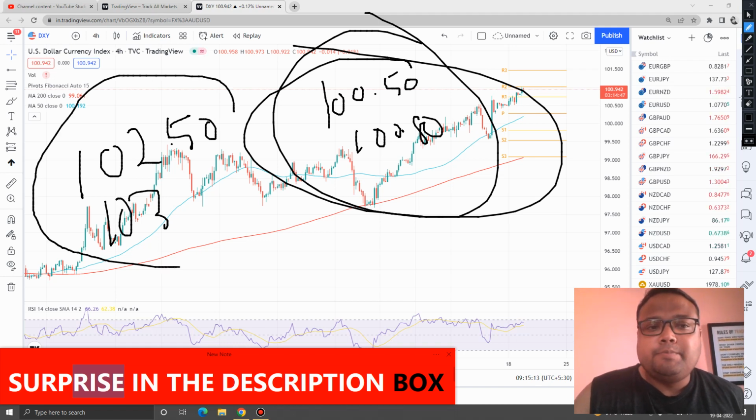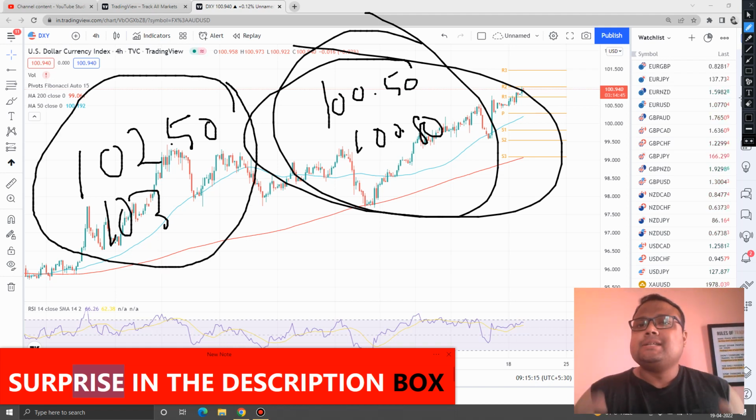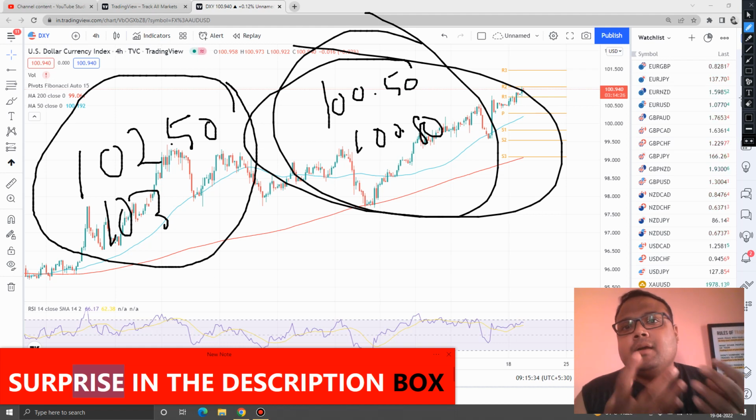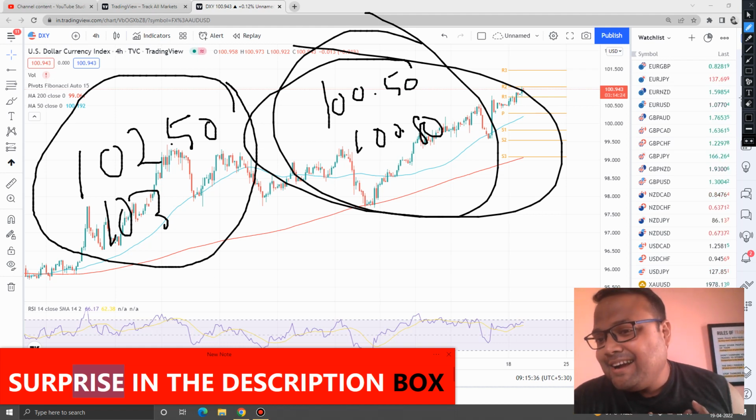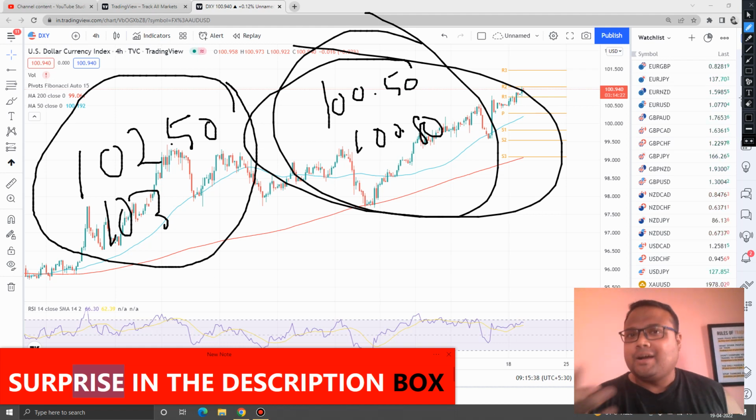So there's a possibility that the up move on DXY will continue, and it will be heading towards this level of 102.50. If the same bullishness continues on DXY, then obviously our beloved Euro USD will be under pressure.